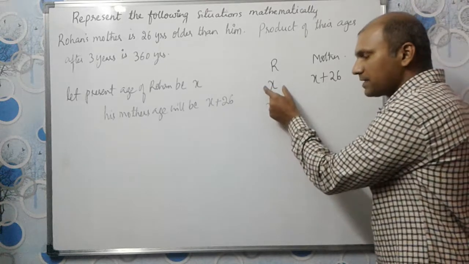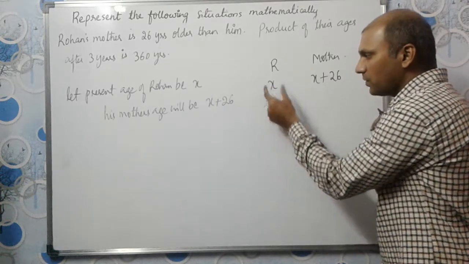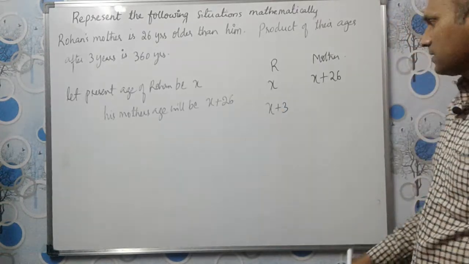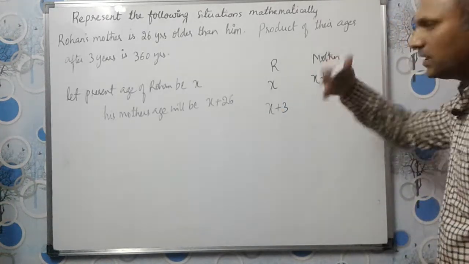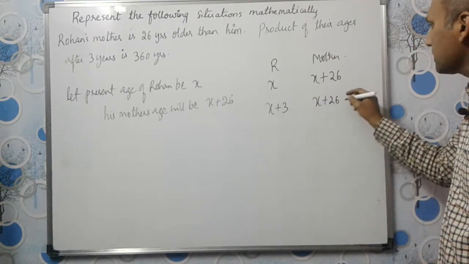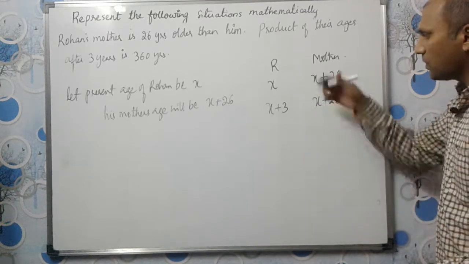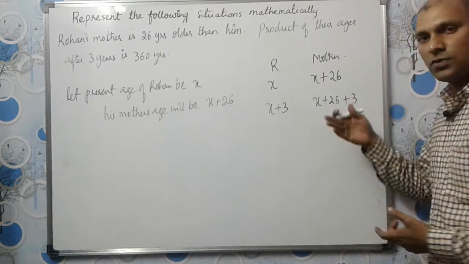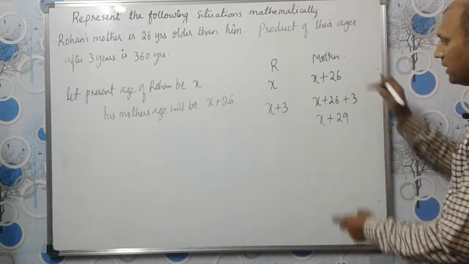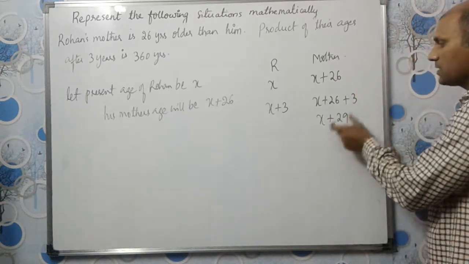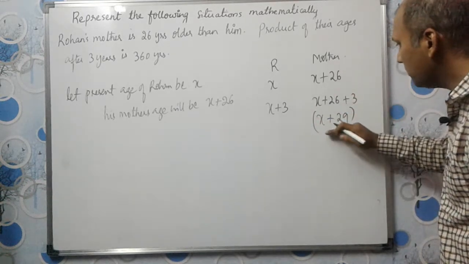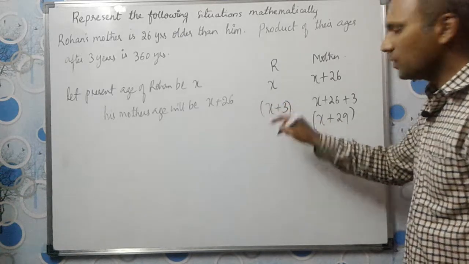Now, his mother will also be 3 years older. x plus 26 is the mother's present age, so after 3 years her age will be x plus 29. 26 plus 3 is 29. So after 3 years, the mother's age will be x plus 29 and Rohan's age will be x plus 3.